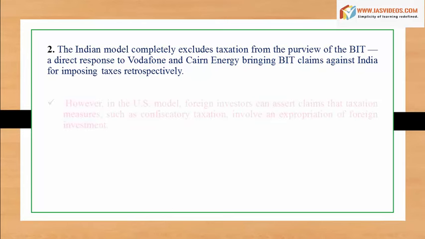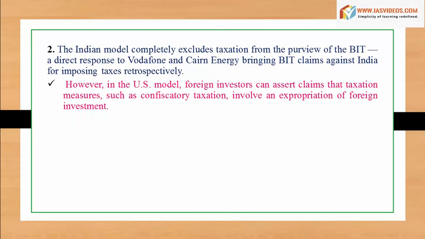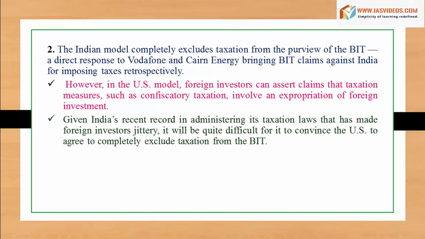However, in the US model, foreign investors can assert claims that taxation measures, such as confiscatory taxation, involve an expropriation of foreign investment. Given India's recent record in administering its taxation laws that has made foreign investors jittery, it will be quite difficult for it to convince the US to agree to completely exclude taxation from the BIT.